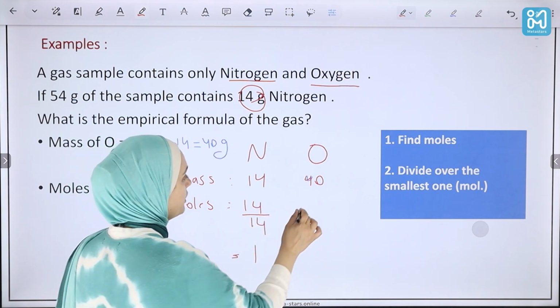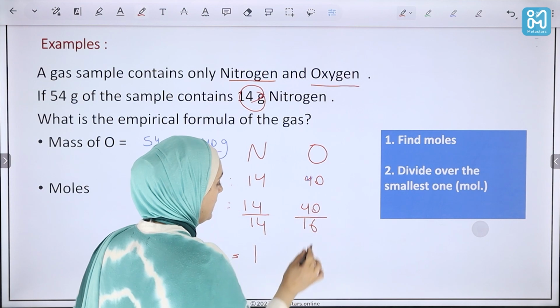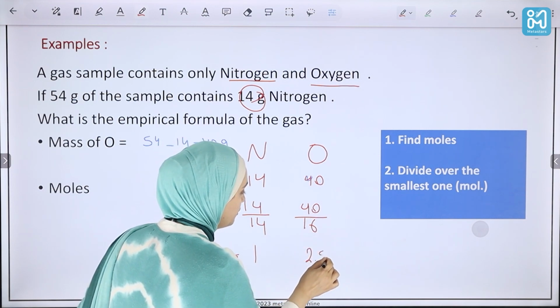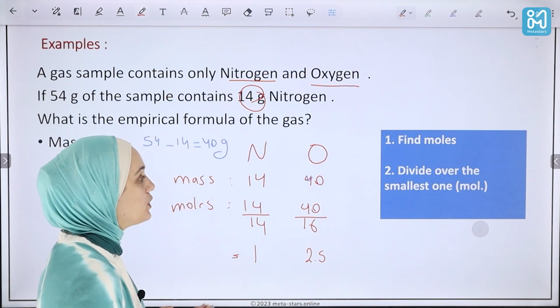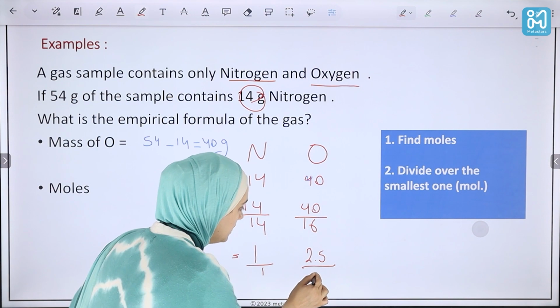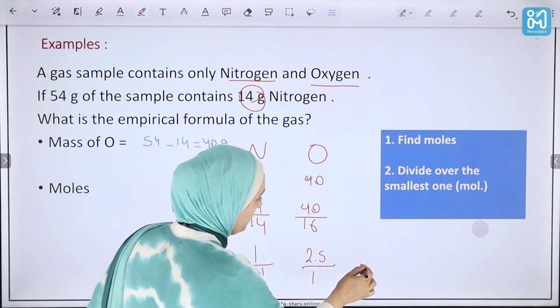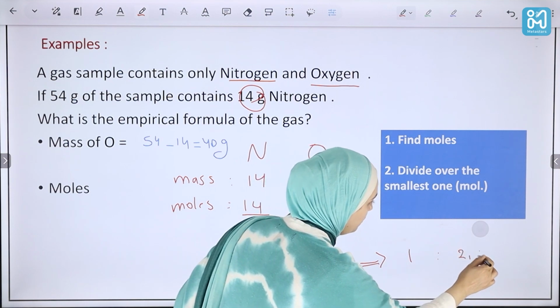And here, 40 over 16 equals 2.5. Let's do the second step, which is to divide over the smallest number. What is the smallest number here? Divide by 1, divide by 1. So the ratio is 1 to 2.5.